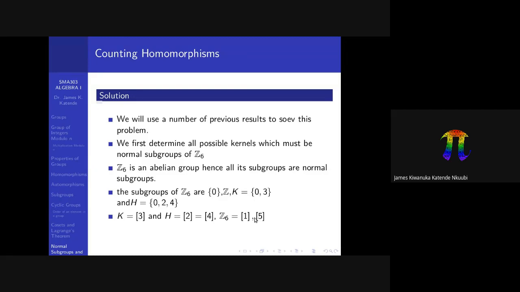So this should be equals, not comma. So 5 and 1 will generate all of Z6. We also need to know the generators of Z8. Z8 is generated by 1, 3, 5, or 7. We may not use that, but sometimes it's useful.